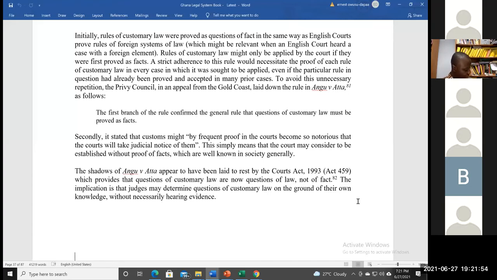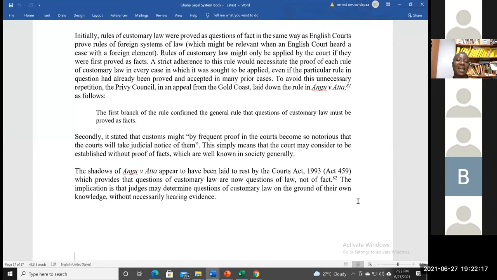If you look at Chapter 5, there is a provision, I think Article 26, that for cultural practices to continue to be upheld, they must not be dehumanizing. They must be in conformity with the human rights regime of the Constitution.